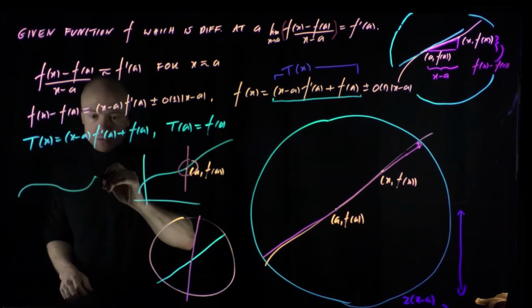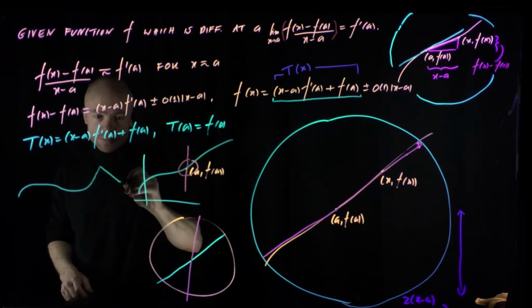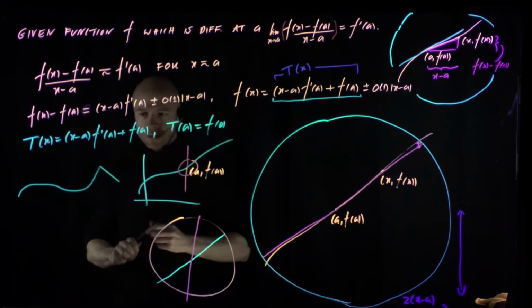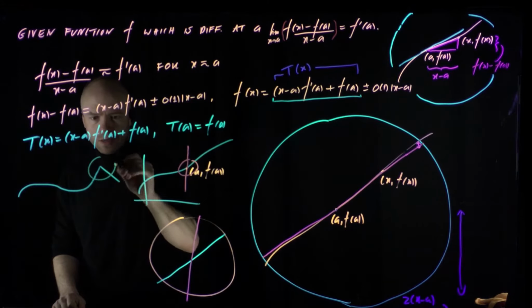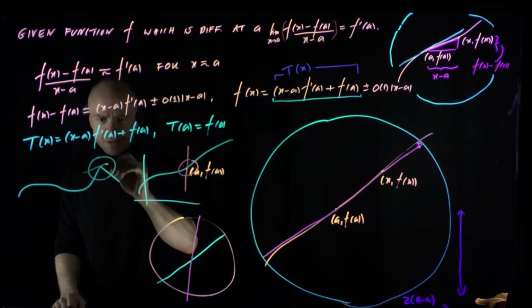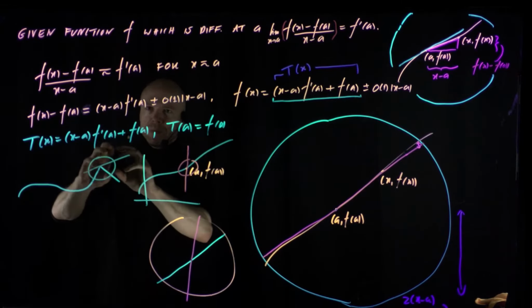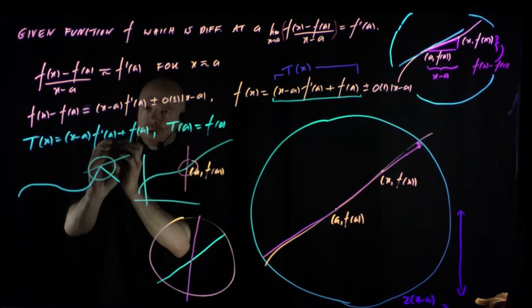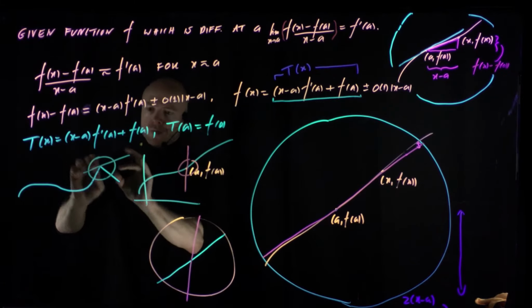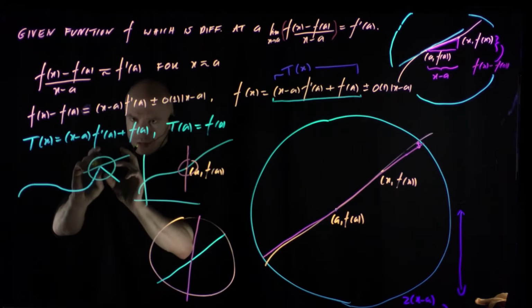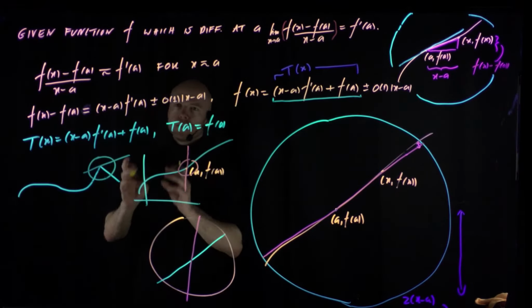And there will be functions where it just isn't true. So if we have something like this, some kind of a kink, then there isn't any tangent line where we can fit it onto the graph. And when we blow up and blow up and blow up, it looks like it fits the graph better and better on a small scale with respect to the scale of the blow up. Right? That just isn't true.